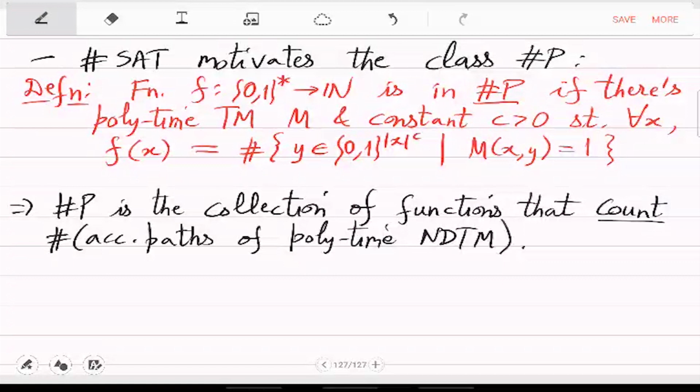Okay, so any function in #P has this property that it's a counter for a polytime NDTM. So f on x will be the value of in how many ways the NDTM is accepting x.